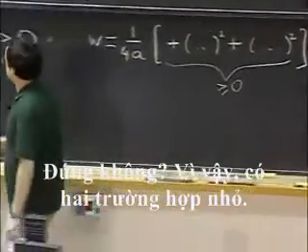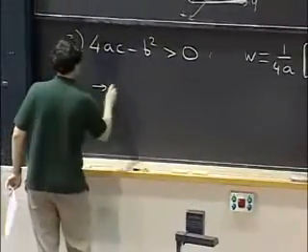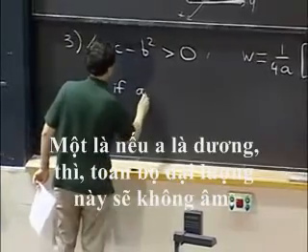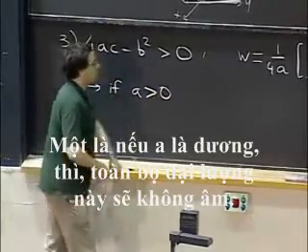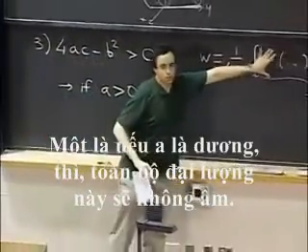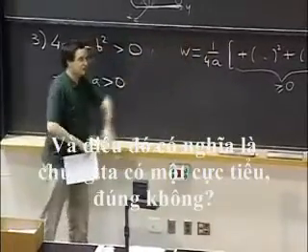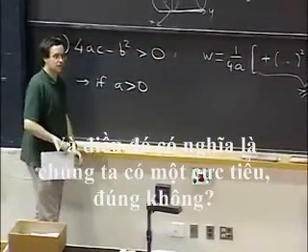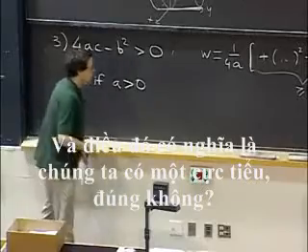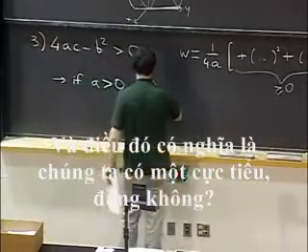So there are two subcases. One is if a is positive, then this quantity overall will always be non-negative, and that means we have a minimum.